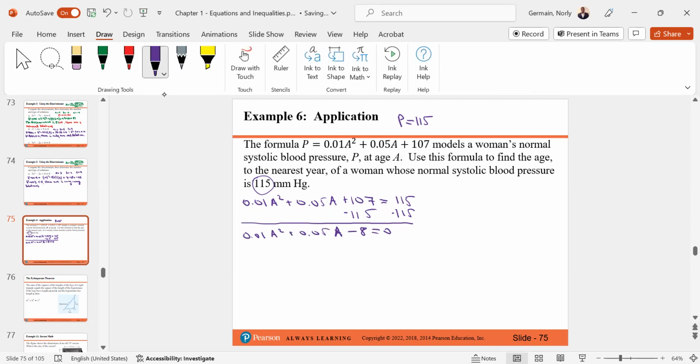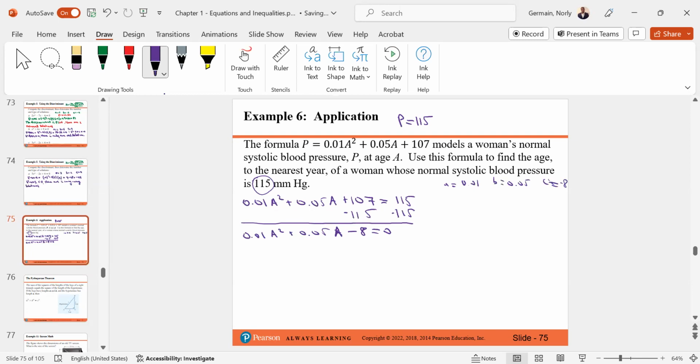You cannot say find two numbers that multiply to give you a negative. Oh no, you couldn't even do that because the coefficient of a squared is not 1. And you cannot choose completing the square, otherwise you need to divide each term by 0.01. So what we're gonna do, remember here, we can say small a is 0.01, small b is 0.05, c is negative 8.